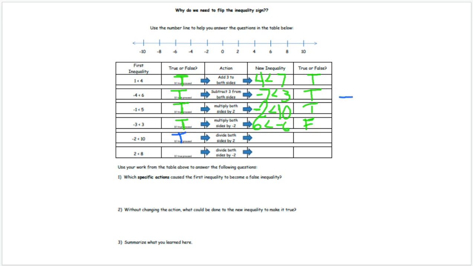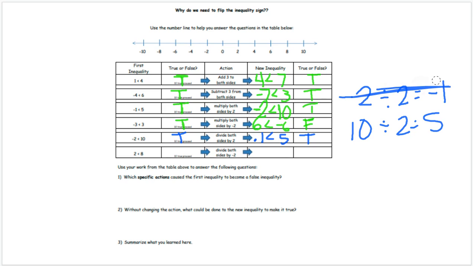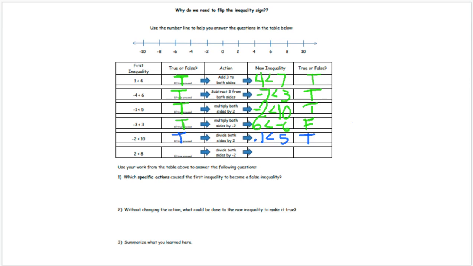Now, if I divide both sides by positive 2, I know that negative 2 divided by 2 is negative 1, and 10 divided by positive 2 is 5. So negative 1 is less than 5. That's still true. So dividing by a positive number doesn't make a difference. Let's take a look at dividing by a negative number.